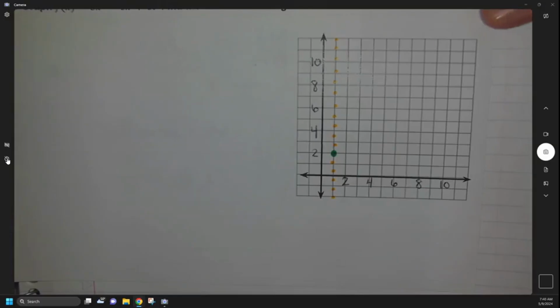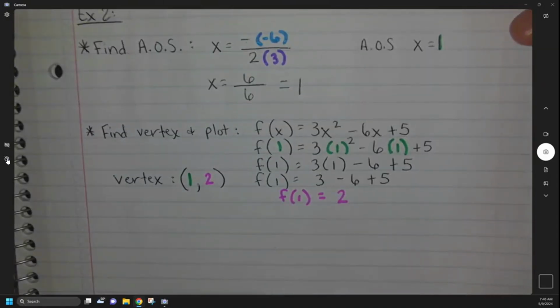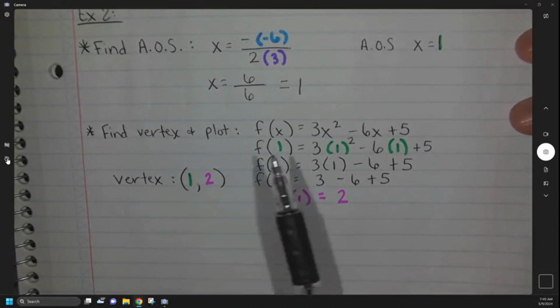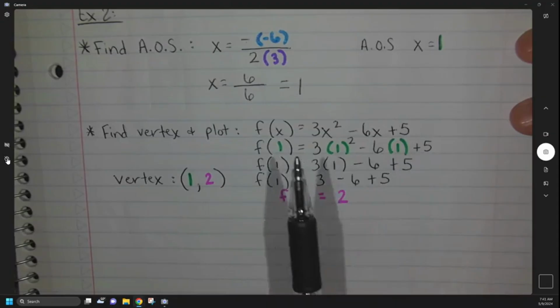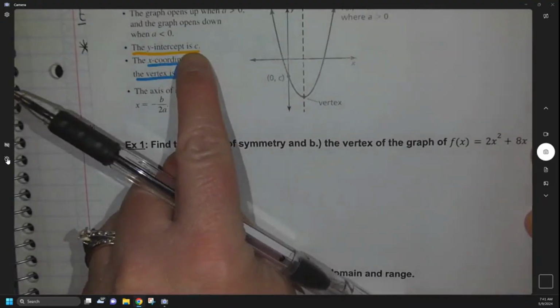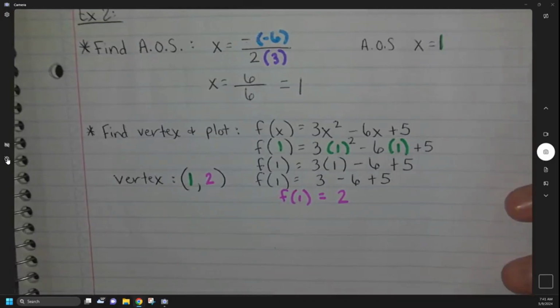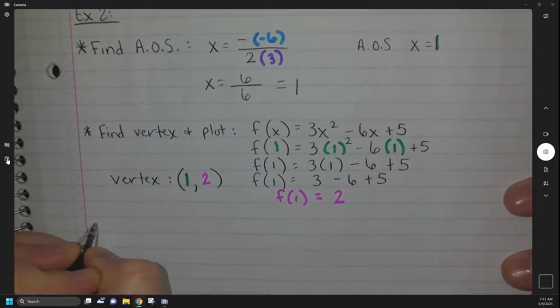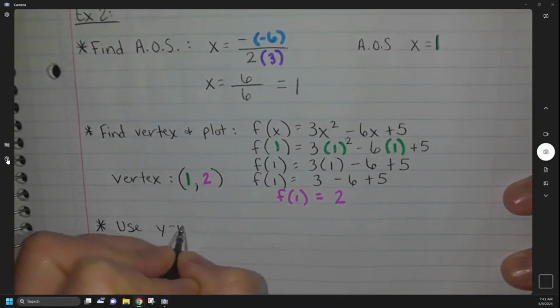Now, in order to continue to put points on my graph, I'm going to use my y-intercept to find 2 more points. If I look at my equation, this 5 is the C value, and we remember from the top of our note sheet that the C value is our y-intercept. So I know that my y-intercept is 5.